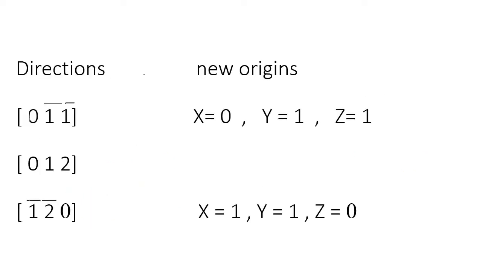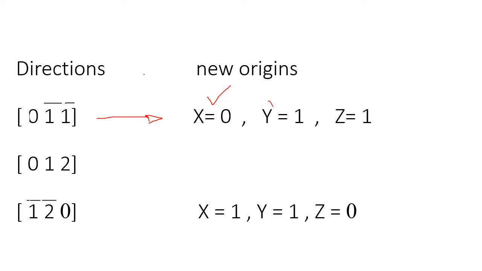So here we have other examples. We have some directions, and we check whether we need new origins or not. Let's discuss. For the first one, we have bar over 1, bar over 1. So we have to select a new origin. It's going to be 0, x is 0 itself.